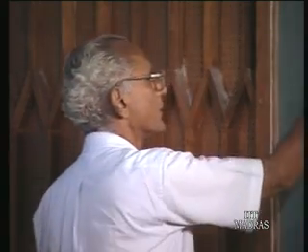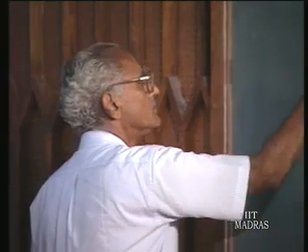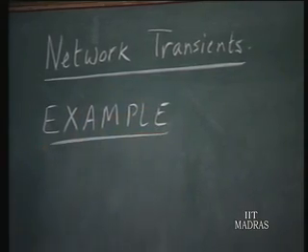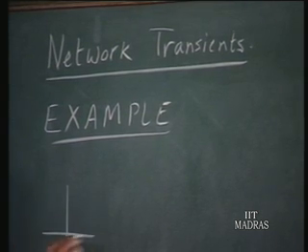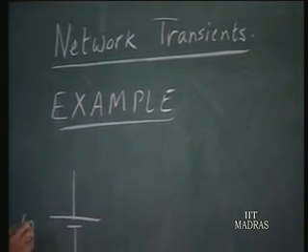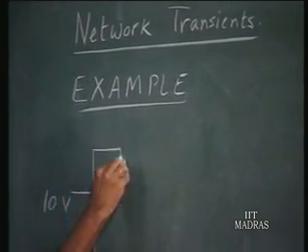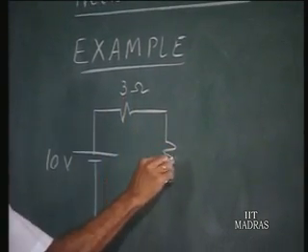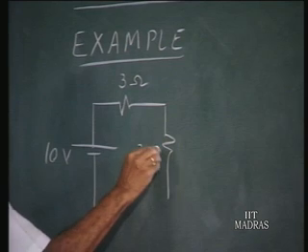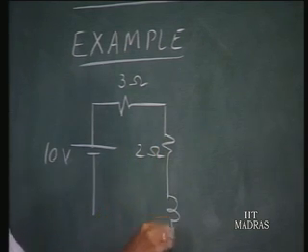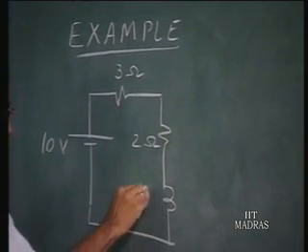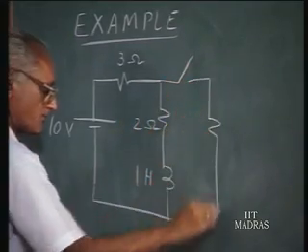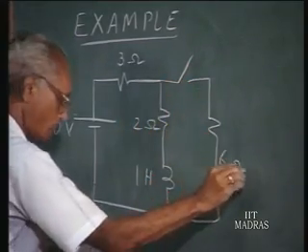Let us take an example. We have a 10 volt source operating in a circuit comprising resistances 3 ohms, 2 ohms, 1 Henry, with a switch, and 6 ohms.